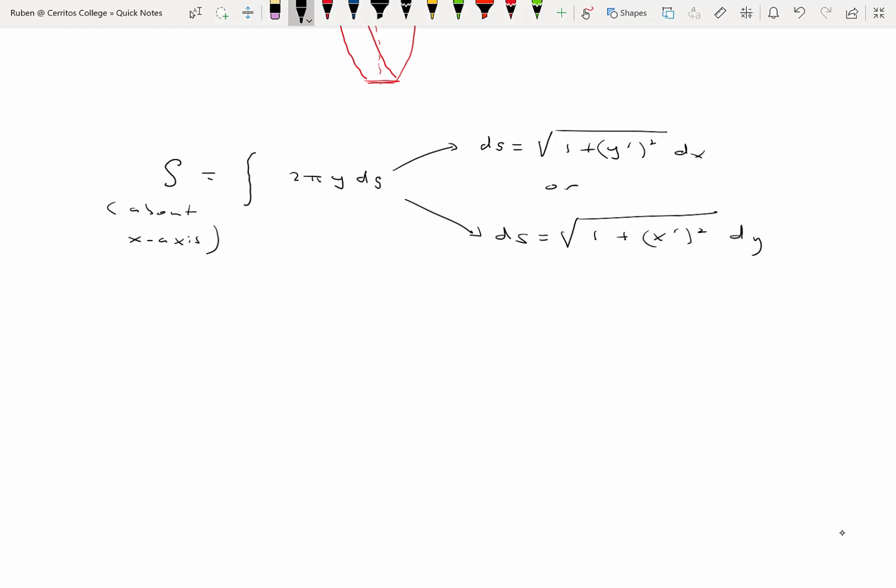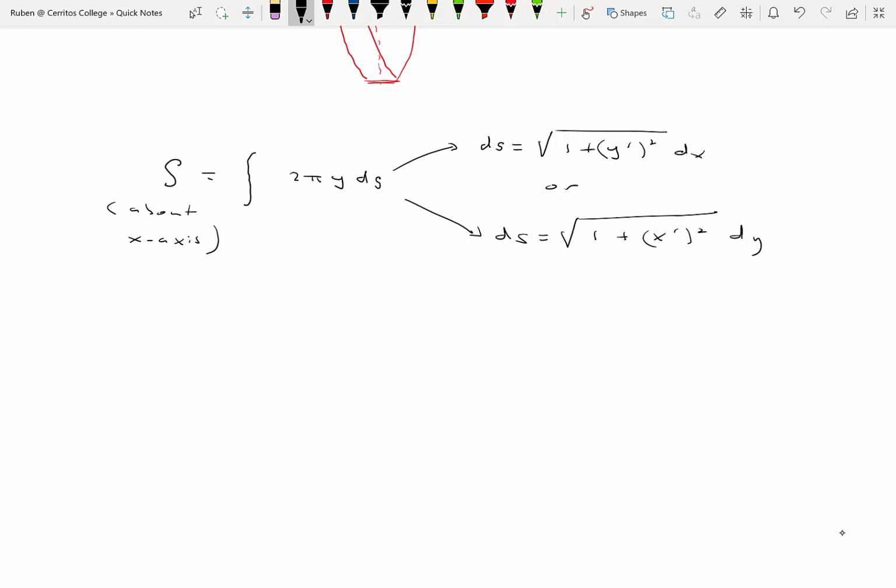Our choice. We're still going about the x-axis, but we choose whether we're going to integrate with respect to x or with respect to y. So it's not the axis of revolution that determines if it's dx or dy that we're integrating with respect to. It's our choice. The y in the 2 pi y ds formula doesn't change either. It stays in the formula.